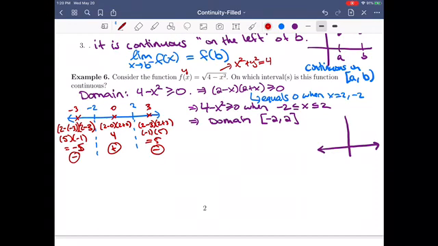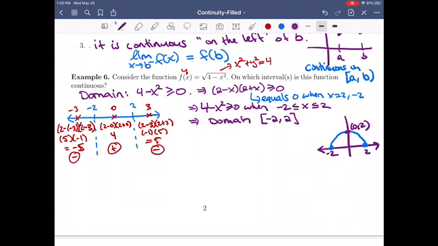This is the equation for a circle centered at the origin with radius square root of 4. When we take the positive square root, we're getting the top half of the circle. So what this actually looks like is like that, where this is negative 2 and 2, and this point is actually 0, 2 as well, because it's a circle.